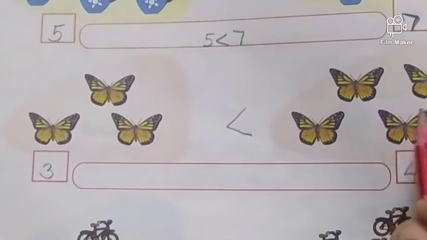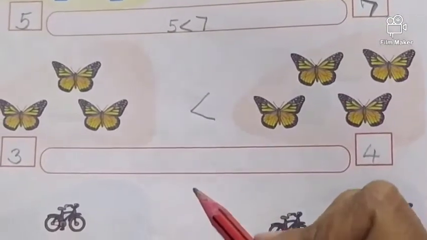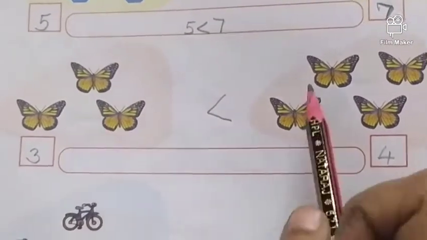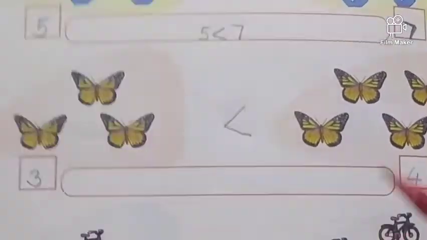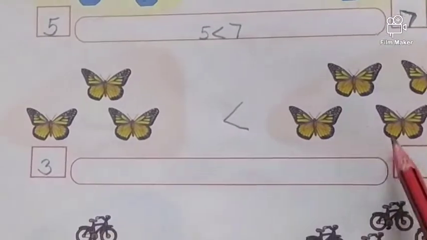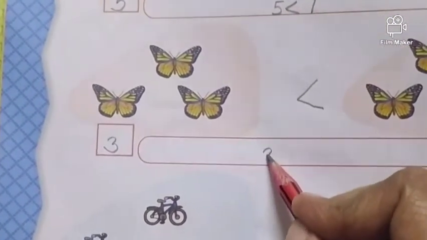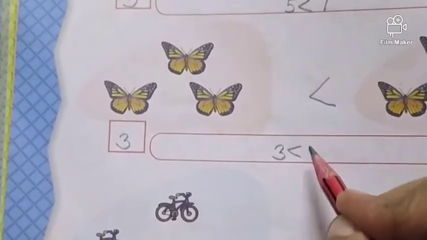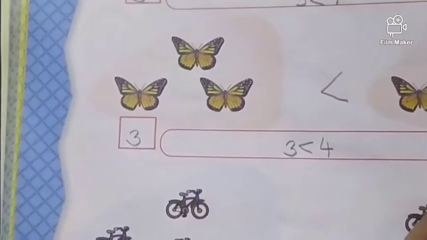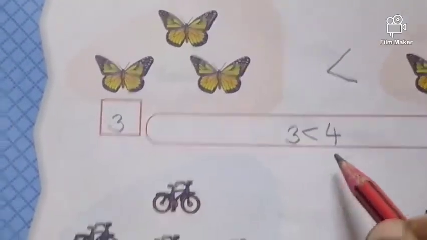Because the greater number of butterflies is here. Here are only 3 and here are 4. So lesser than. We read it 3 is lesser than 4. Write this in expression. 3 is lesser than 4. How do we read it? 3 is lesser than 4.